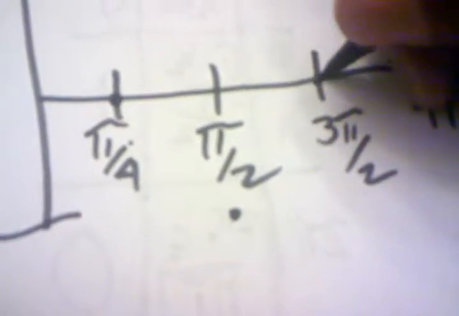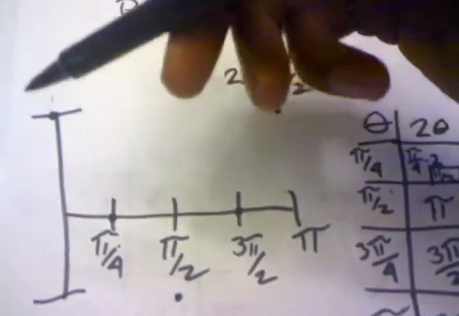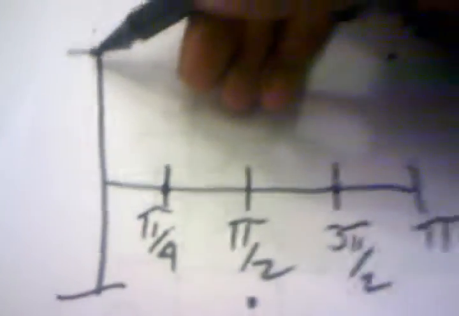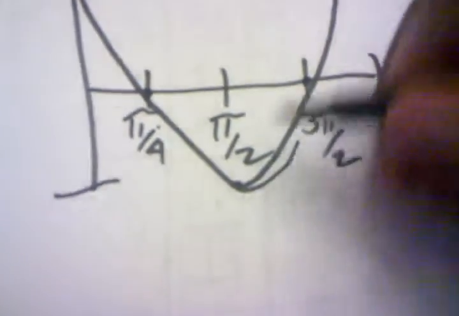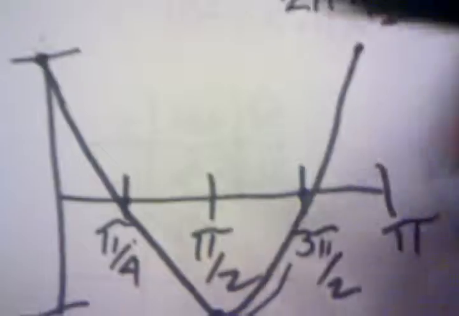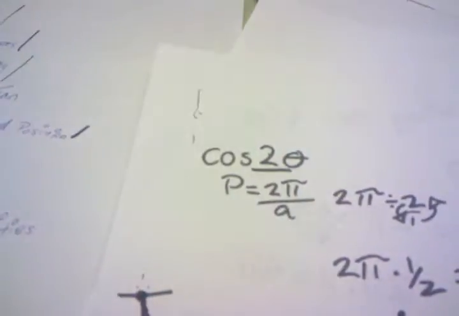So according to our chart over here, first it's going to go to 0, then -1, and 0, then +1. Yep, so those are our dots. So let's connect them. Yep, and there we go. That's how your graph looks for cosine 2 theta.